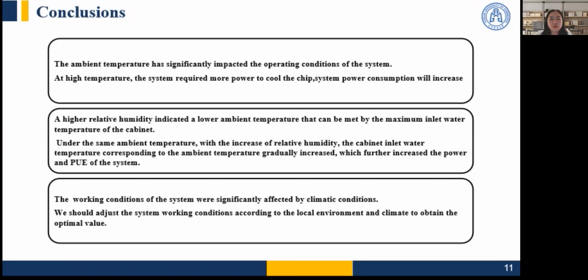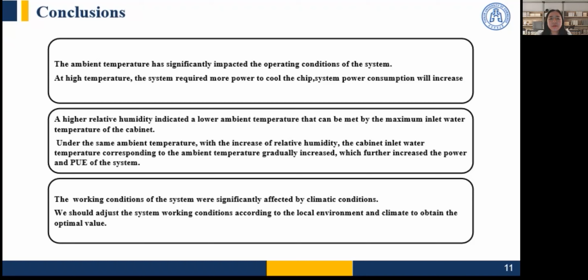2. We studied the operating conditions of the system when the relative humidity was 14 to 18%. The results show that a higher relative humidity indicates a lower ambient temperature that can be met by the maximum inlet water temperature of the cabinet.